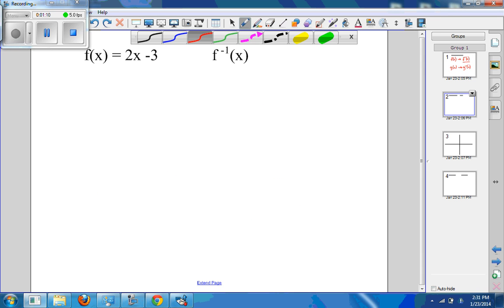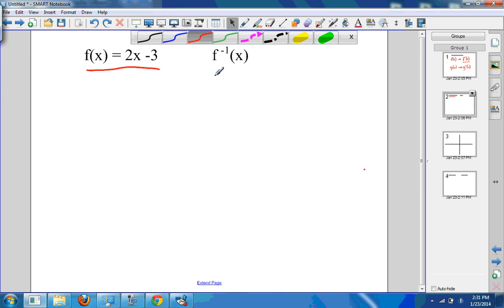If we look here at a problem, we have f of x is equal to 2x minus 3, and we want to find the inverse. So to find the inverse, all we're going to do is switch the x's and the y's. We can rewrite f of x as y equals 2x minus 3.